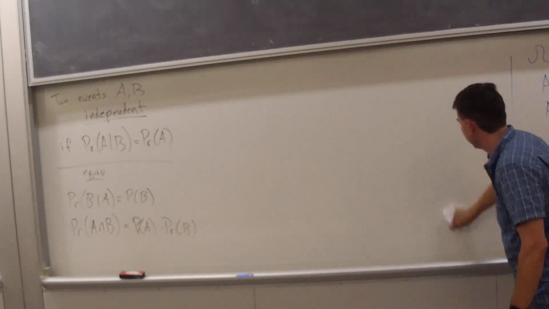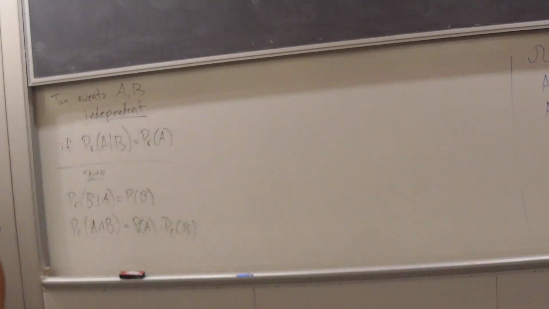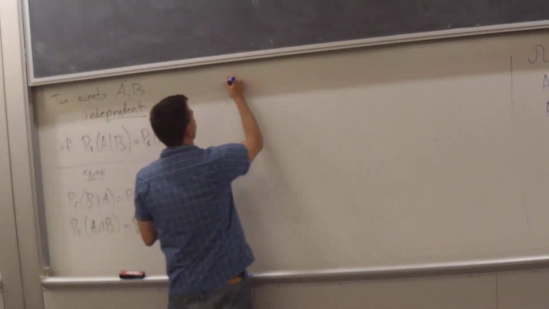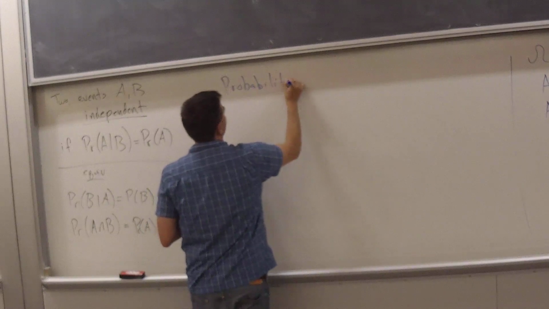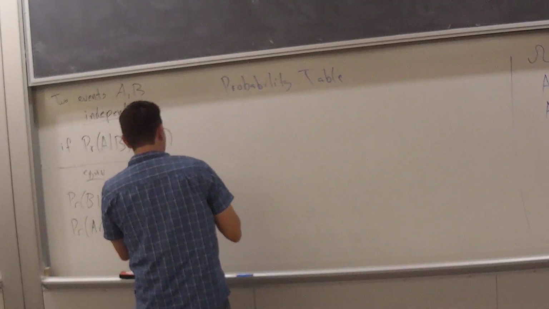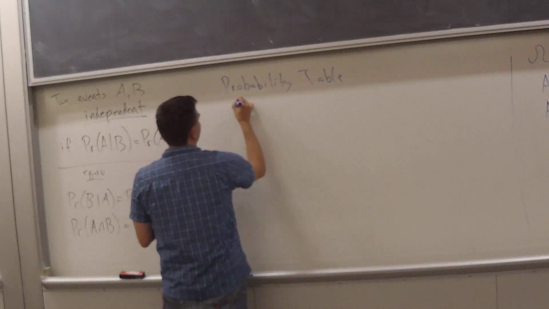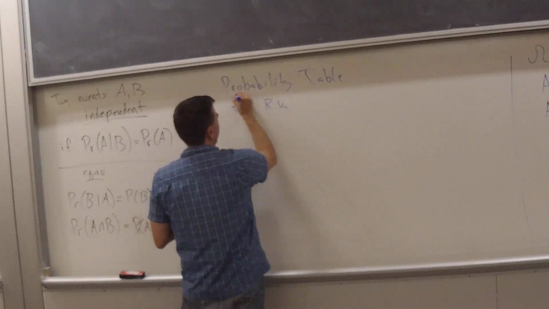All right. So a nice, convenient way of talking about probabilities, which allows me to ask some nice questions about it on the homework, for instance, would be a probability table. An example would be with two random variables.